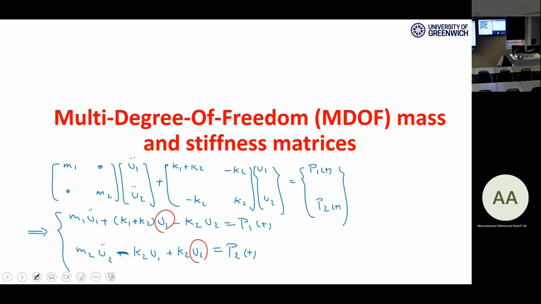I just assume that we don't have damping, but if we had damping, we would have some terms of U dot 1 or U dot 2. Anyway, we have U double dot 1 and U double dot 2. So it's like those systems of equations with x and y, but we have x dot and y dot as well. It's more complex, isn't it?